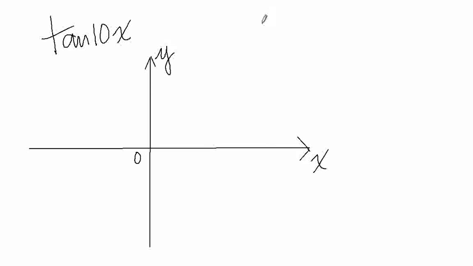And here is one way to see where the x-intercepts are. So we know that the tangent of 0 is 0 and the tangent of pi is 0. So if 10x equaled pi, then the tangent function would be 0. So its tangent is 0 at x equal to pi over 10.